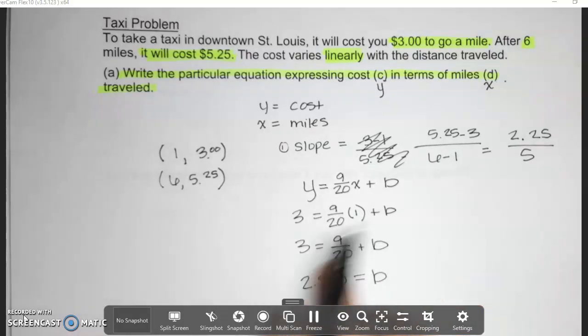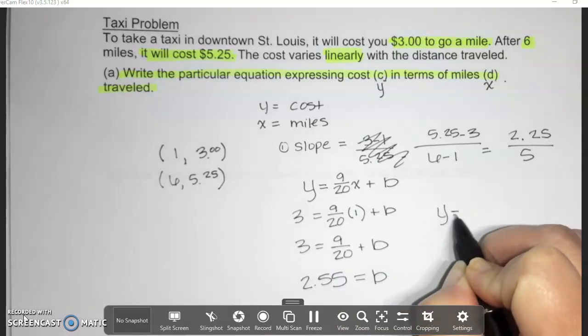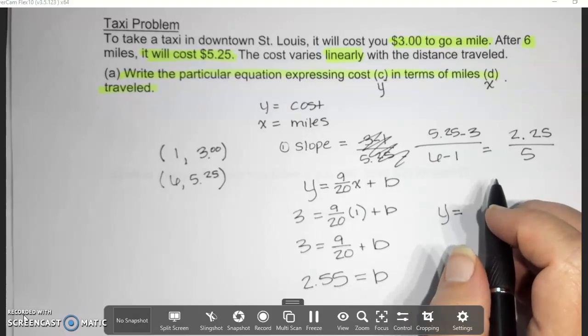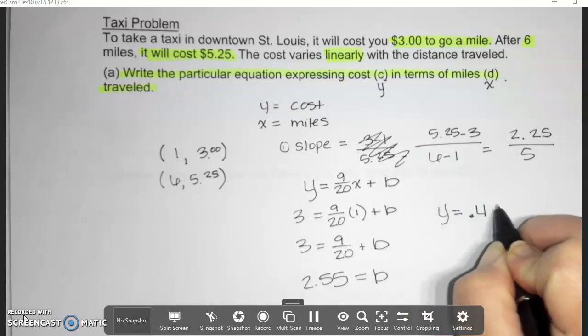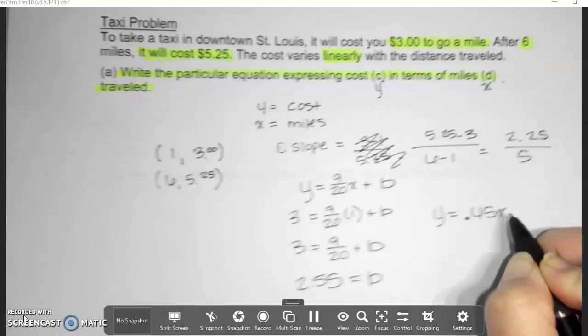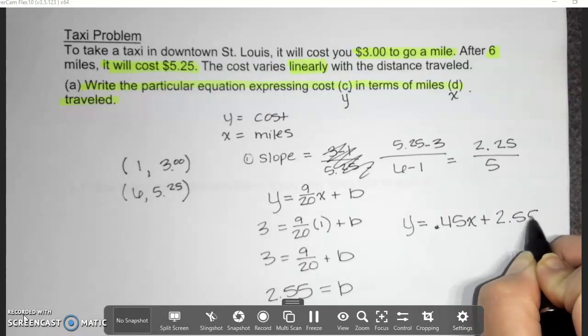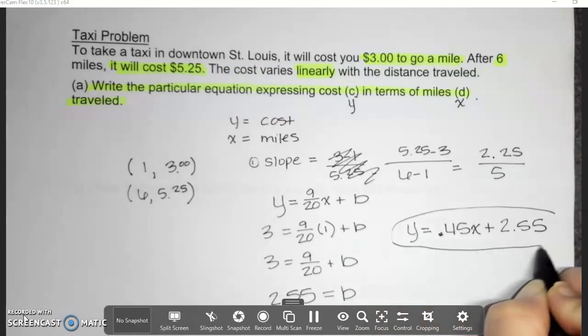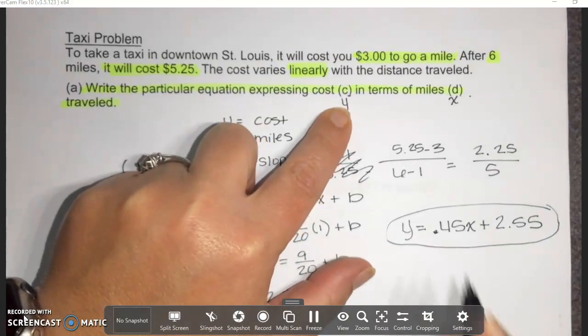So our constant is $2.55. So y is equal to, the 9/20 was actually 45 cents per mile, plus $2.55. There's your equation. Now let's do it in terms of how they want it written.